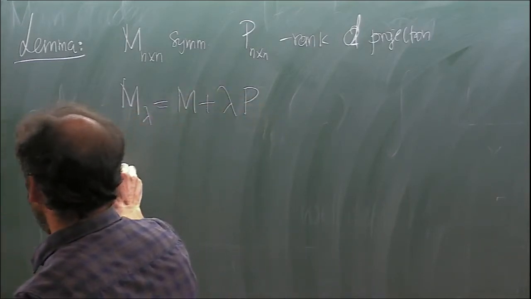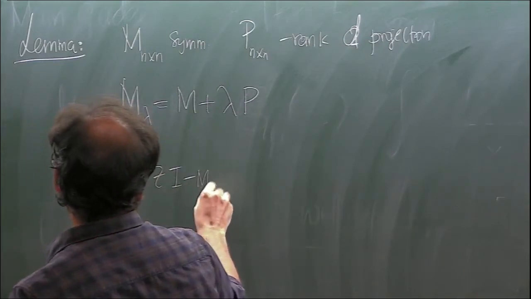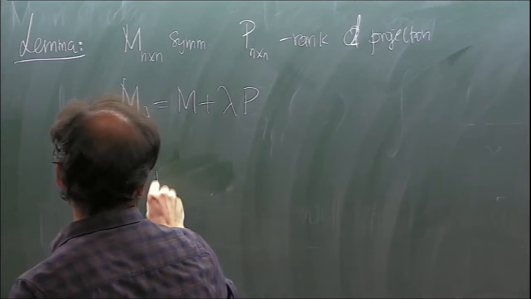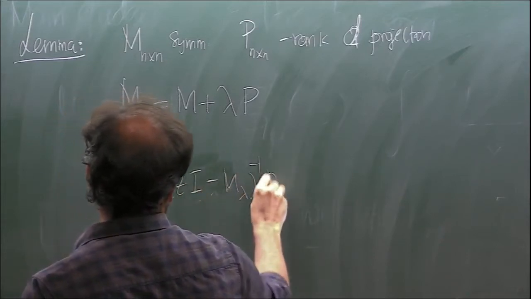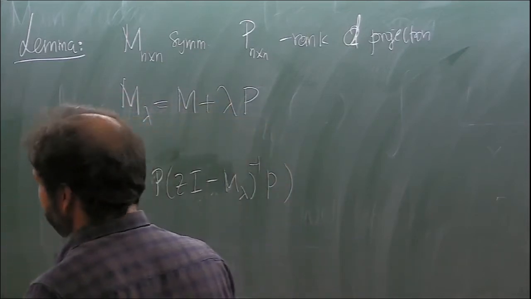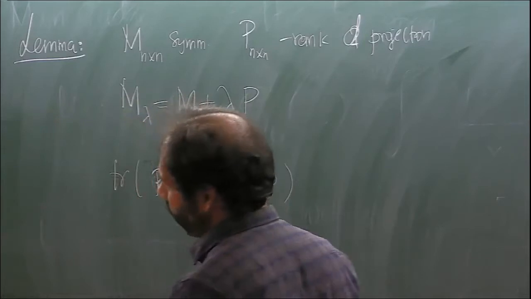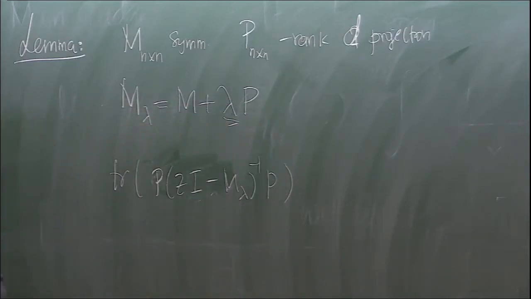The statement is about the trace of P (z minus M lambda) inverse P. This lambda we know is Gaussian, so it is absolutely continuous, and it would be very strange, after doing everything, to get something that's not absolutely continuous.